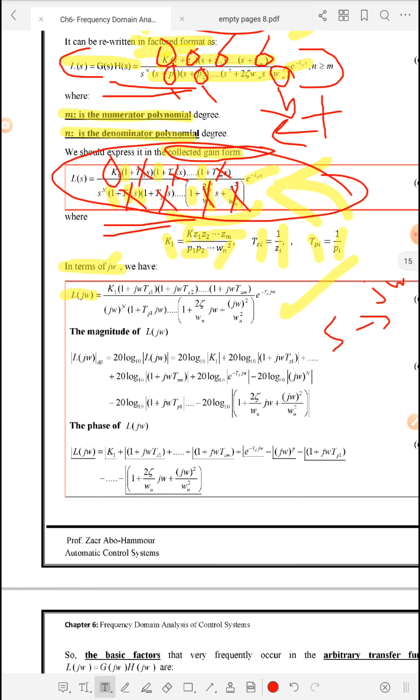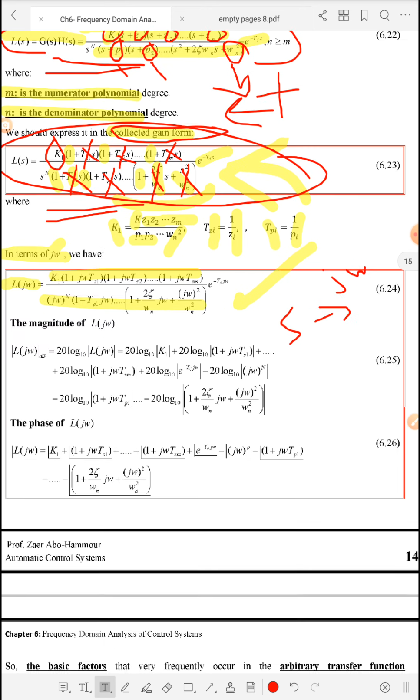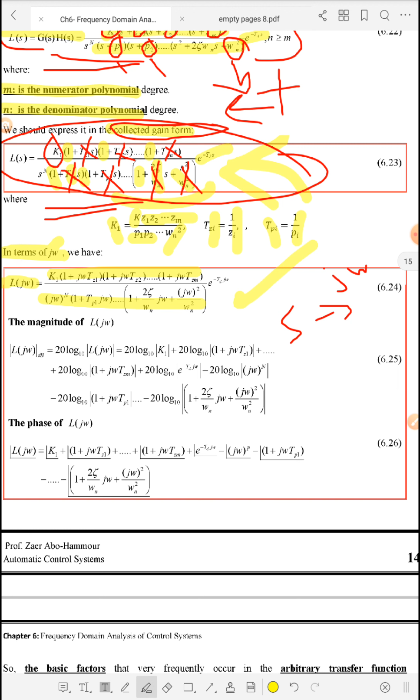So if we replace s by j omega, we will get this equation, which is equation 6.24.